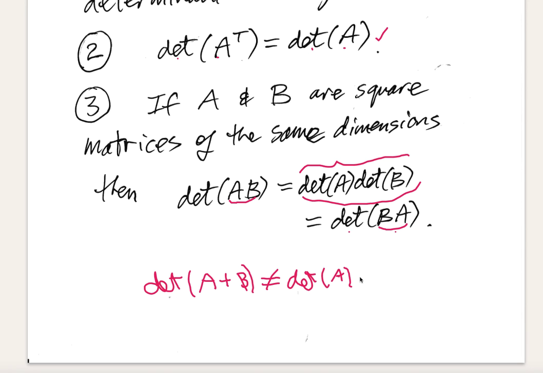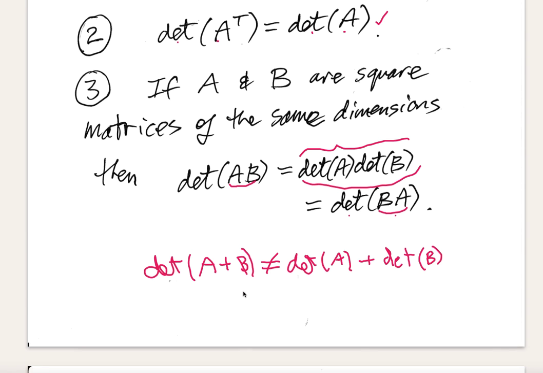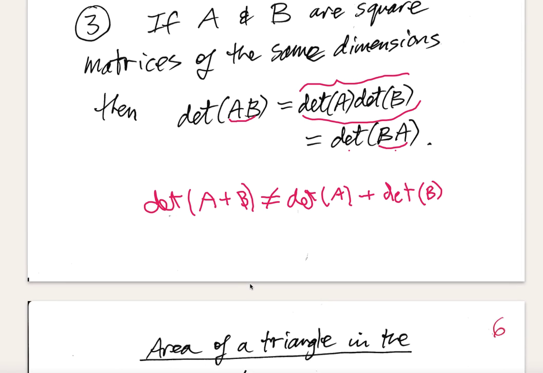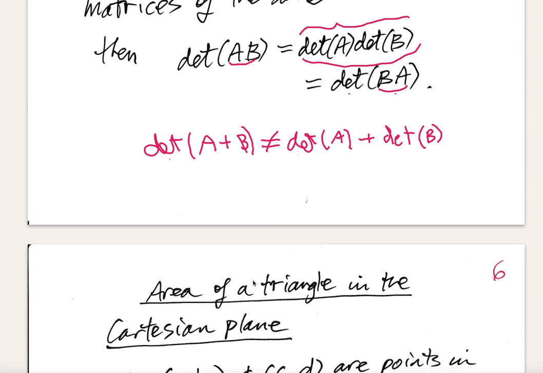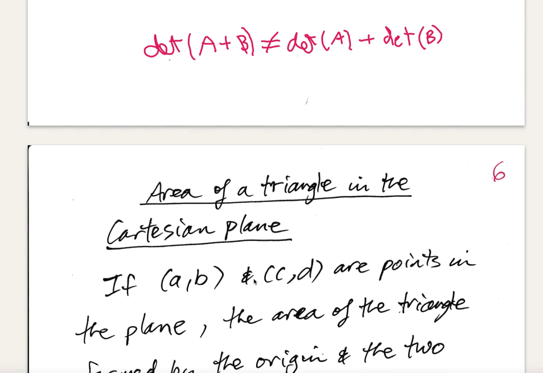You could try any concrete example that you want, and the chances are quite good that you're going to get the two sides being different. There are some instances where they could be equal, but generally they're going to be quite different. Just a quick little fact here. I'm not going too far into this.